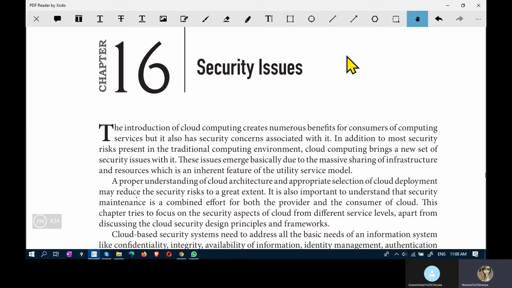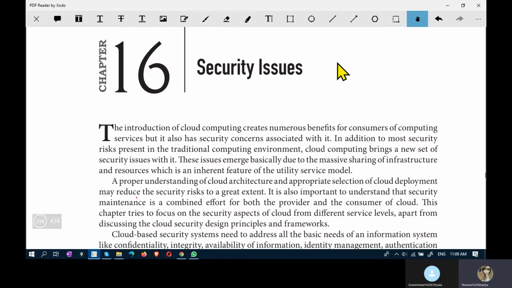Additionally, cloud environment brings a new set of security issues due to the fact that cloud infrastructure is also available to the users. Not only an application, a user can access the platform, can also access the physical resources in a cloud environment.